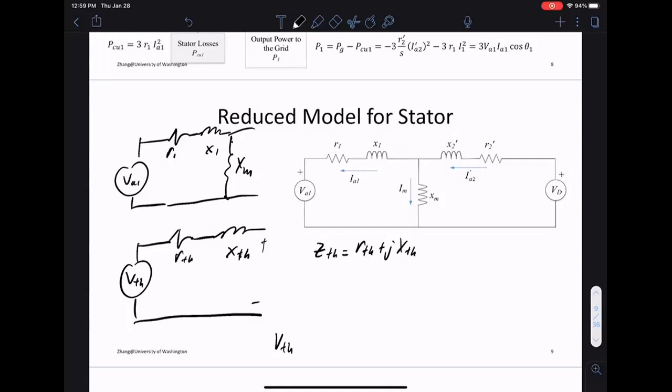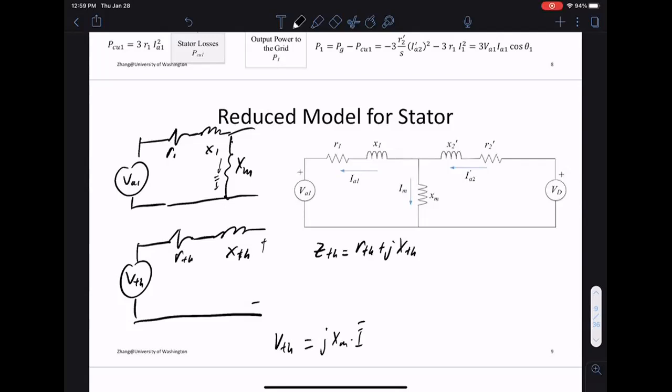Now we're just looking at the current flowing through this element. So jXM multiplied by the current flowing through this element will give us the equivalent voltage.